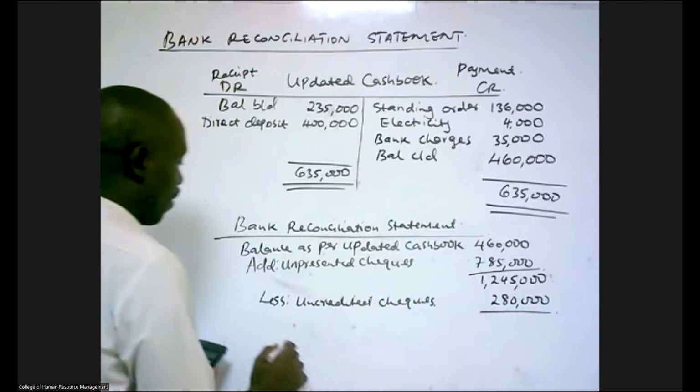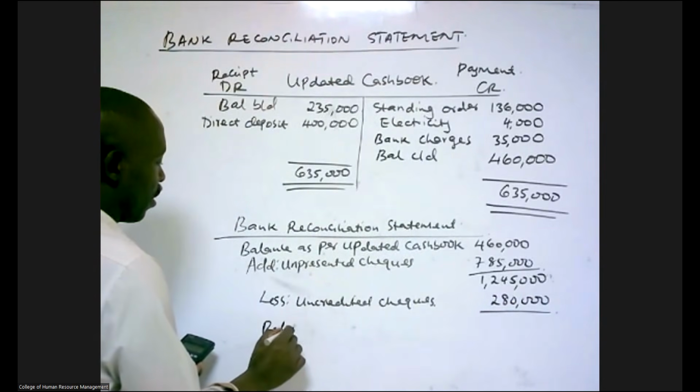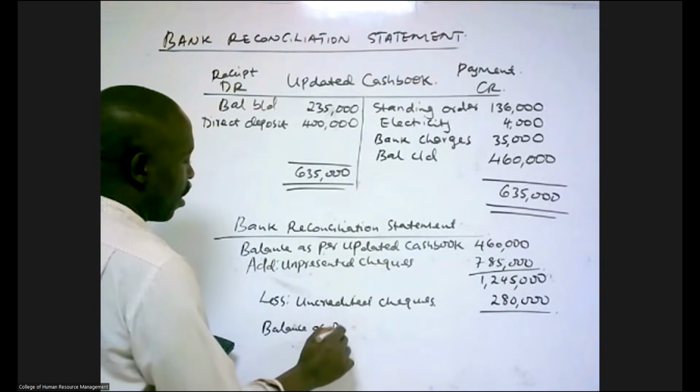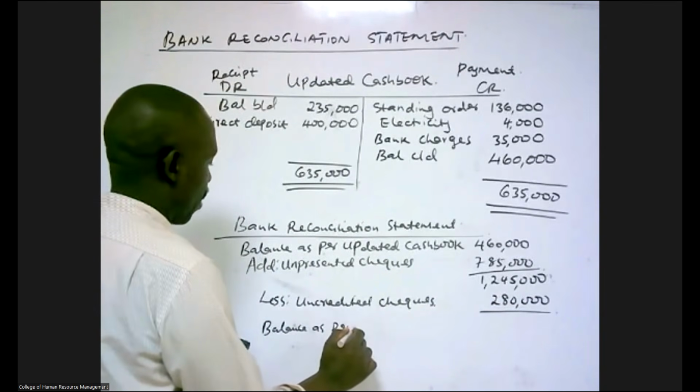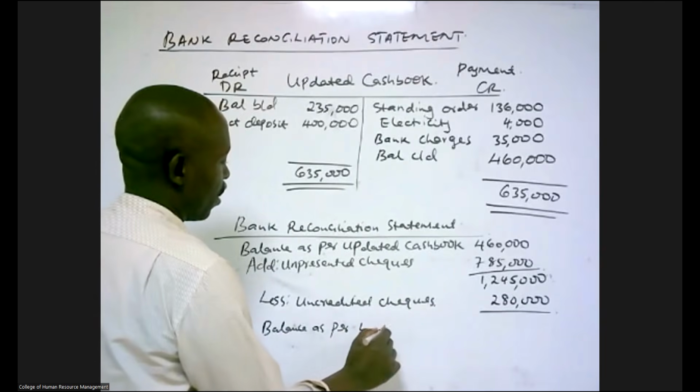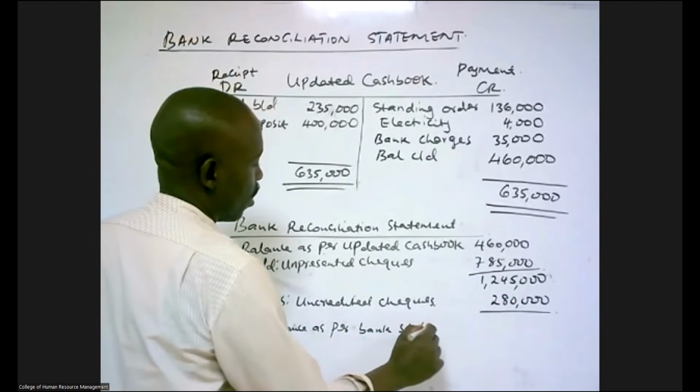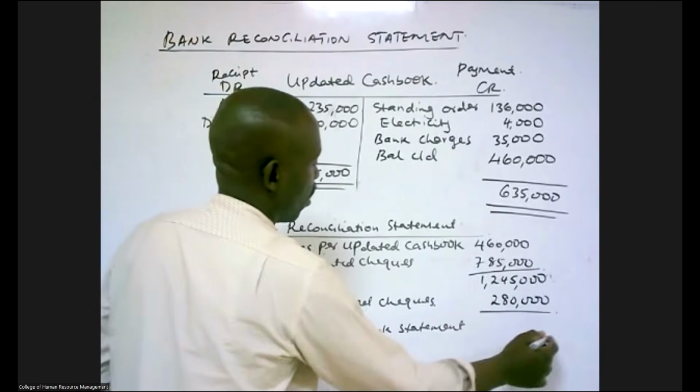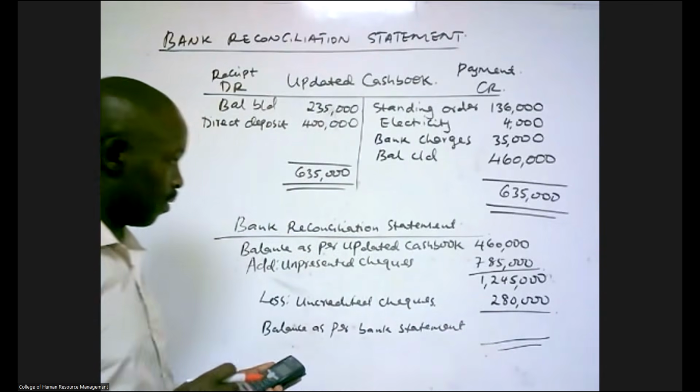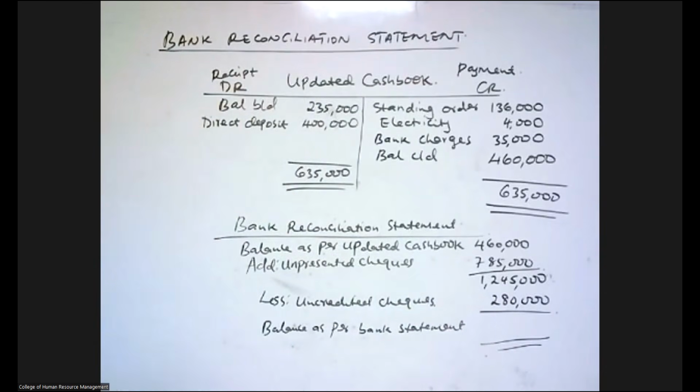So this one should give us the balance as per bank statement. 1,245,000 minus 280,000.